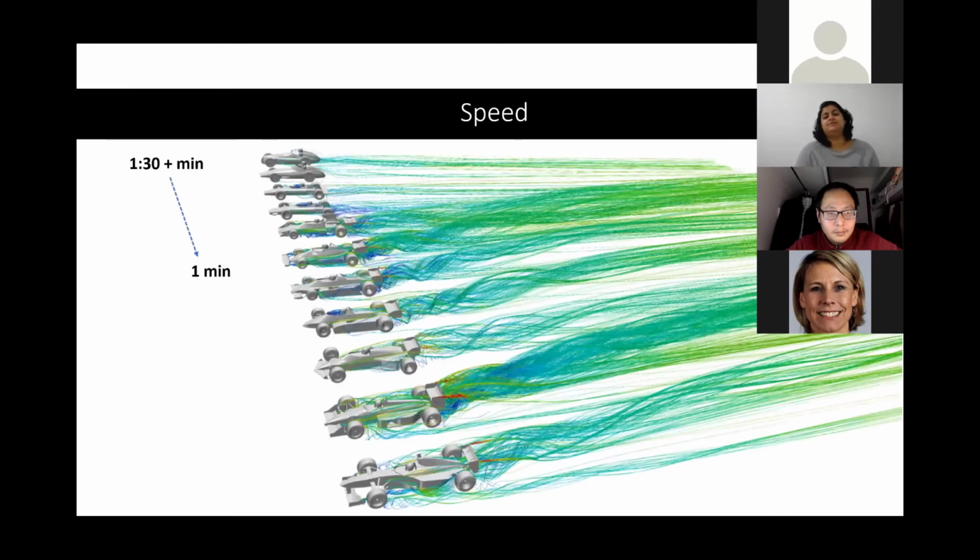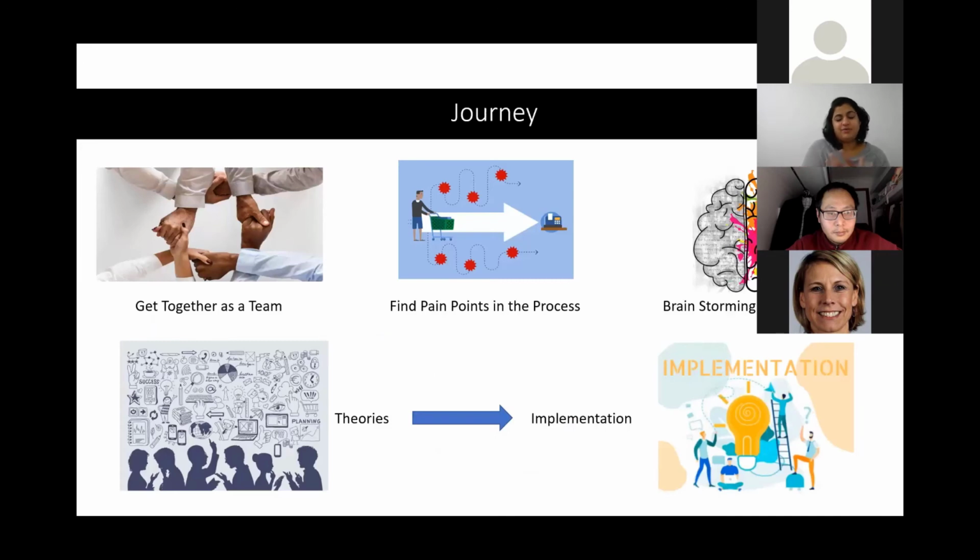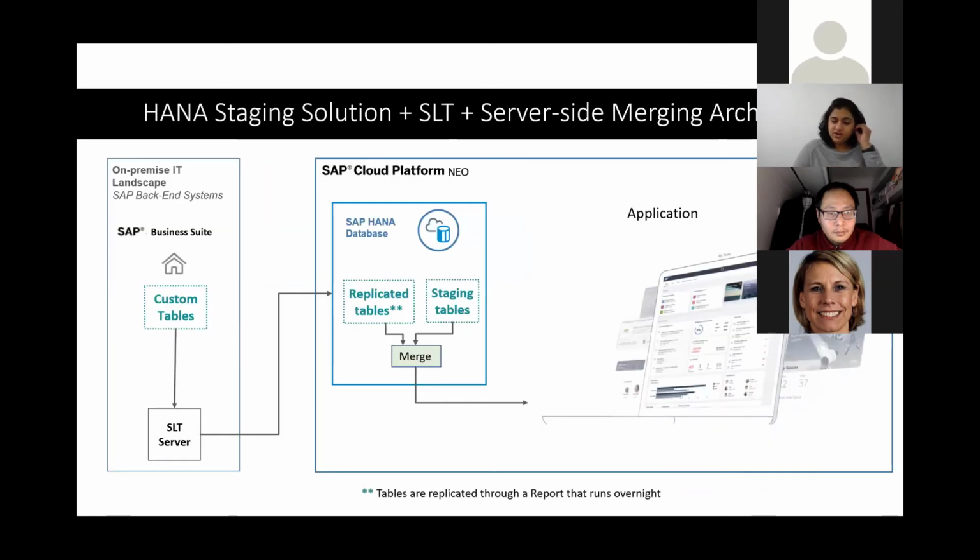It wasn't acceptable to the user, because you don't want to see those bubbles popping for a minute just to get that data. So again, we went through the drill. We came up with a new theory as a team. Then we thought of this new architecture where you're doing the SLT into the HANA database.